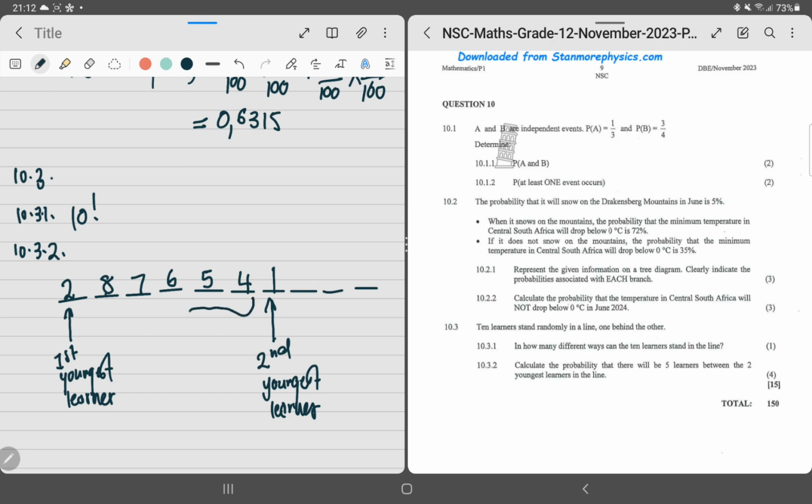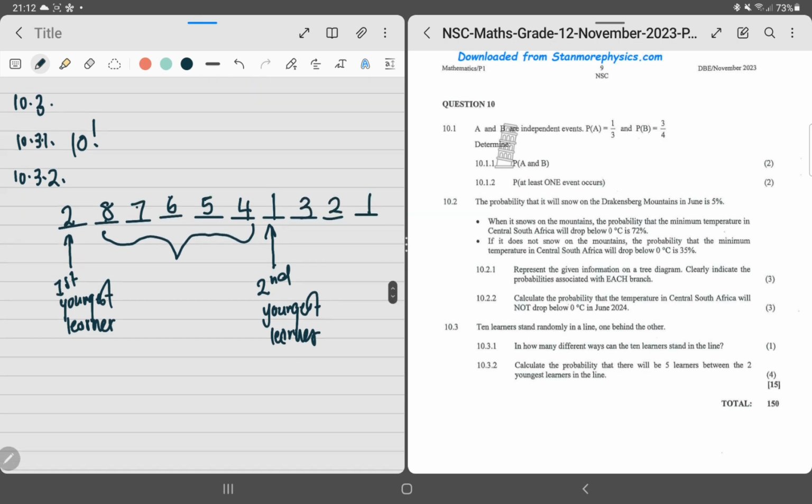That will complete the 5 learners that are in between the 2 youngest ones. Okay, now I'll be left with 3 choices to pick from, because I've already used 1, 2, 3, 4, 5, 6, 7. So I am left with 3 of them to pick from. So I'll have 3 there, 2, and 1 there.